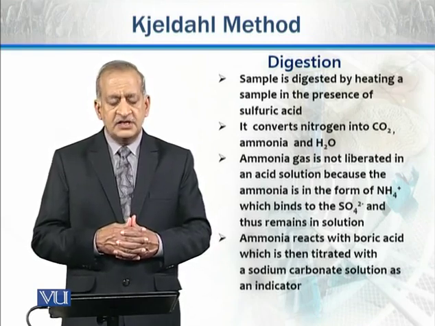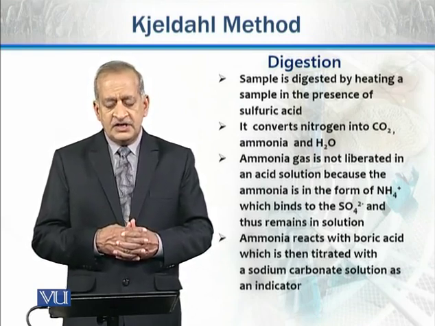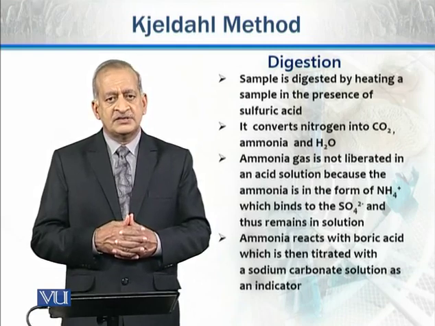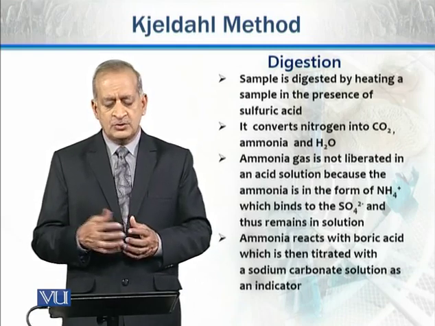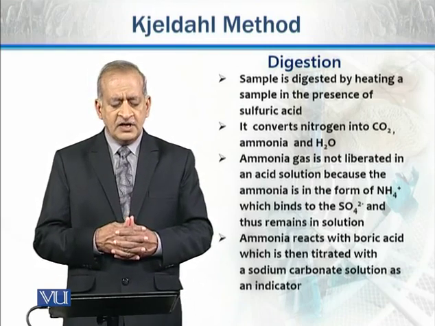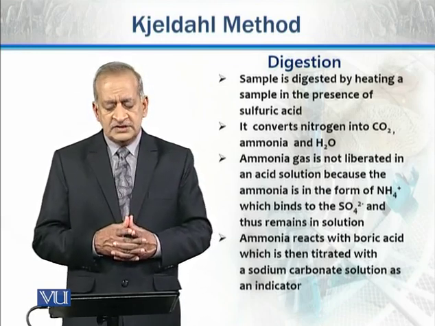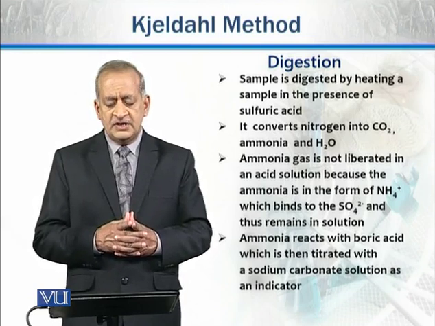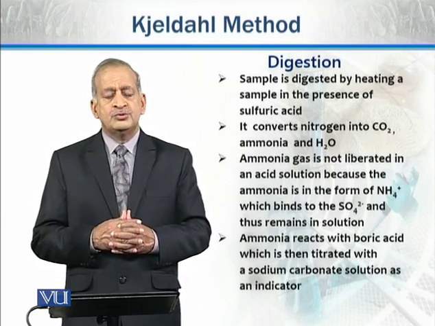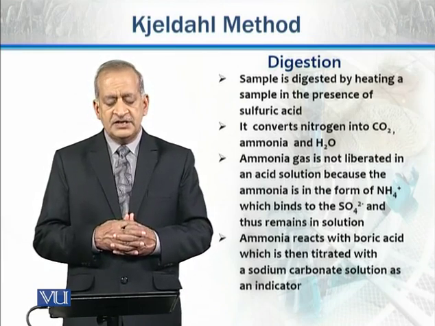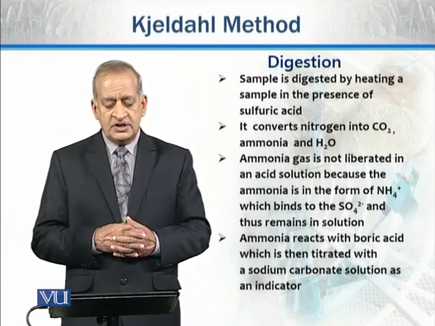The sample is digested by heating it in the presence of a strong acid like sulfuric acid or hydrochloric acid. And in this way, what happens? It converts nitrogen in the sample into carbon dioxide, ammonia and water.